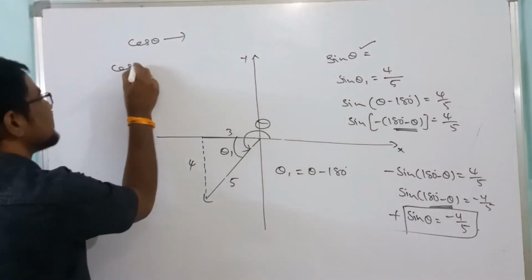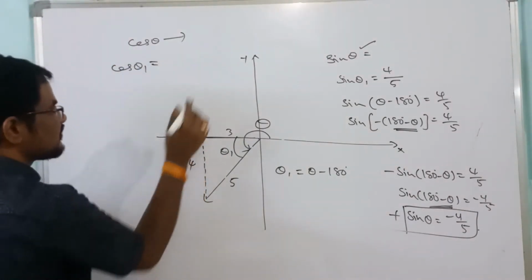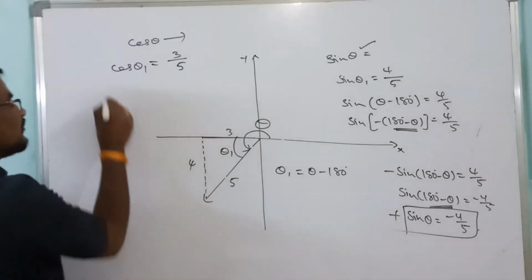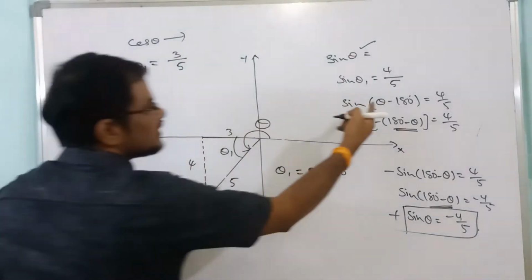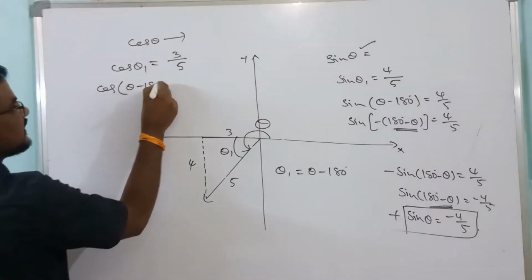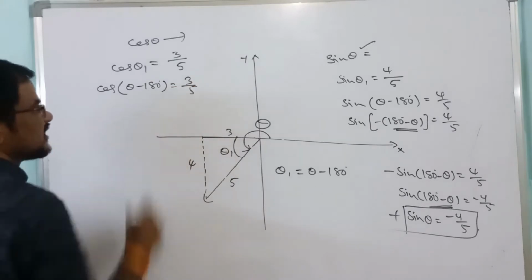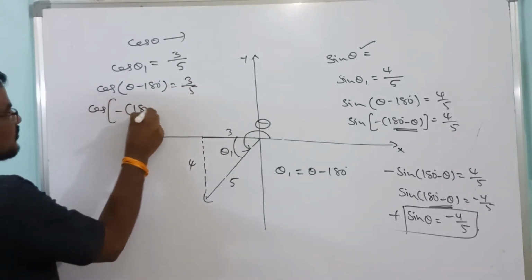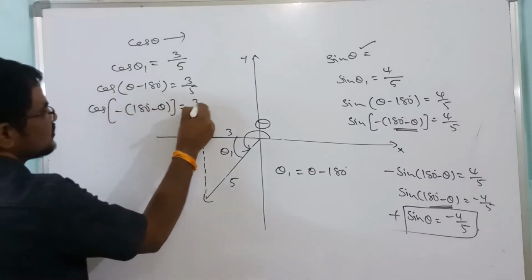So for cos theta 1, adjacent side is 3 by hypotenuse. Cos of theta 1, which is theta minus 180, equals 3 by 5. Now the same thing: take minus common, 180 minus theta equals 3 by 5.